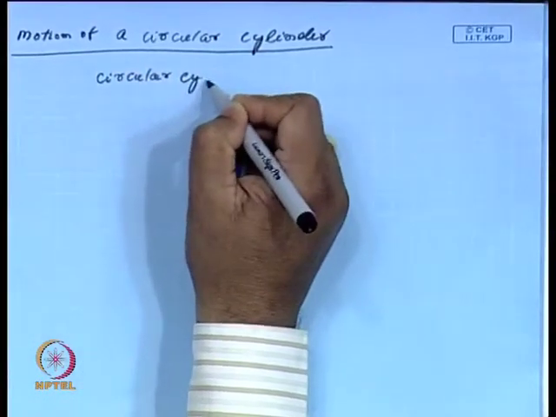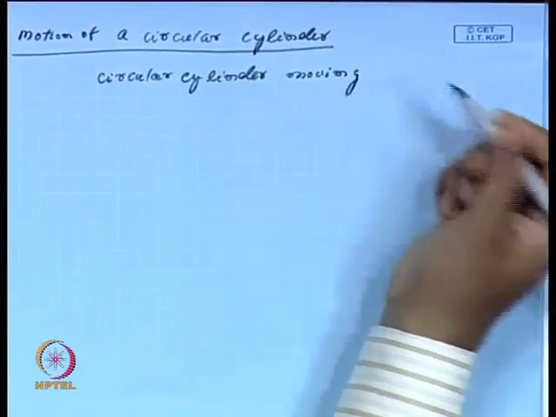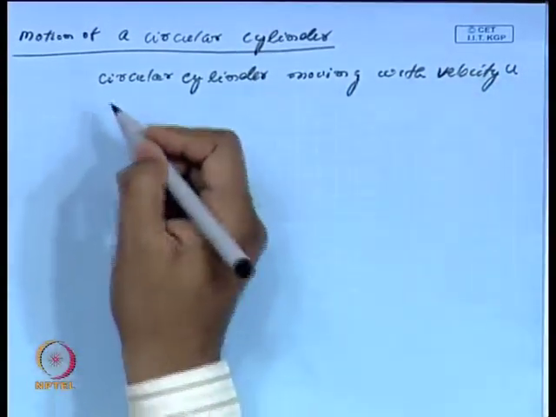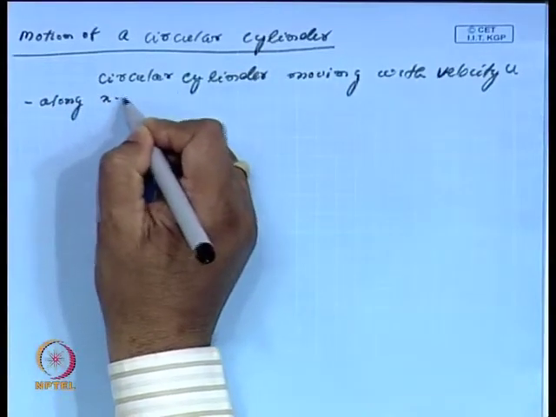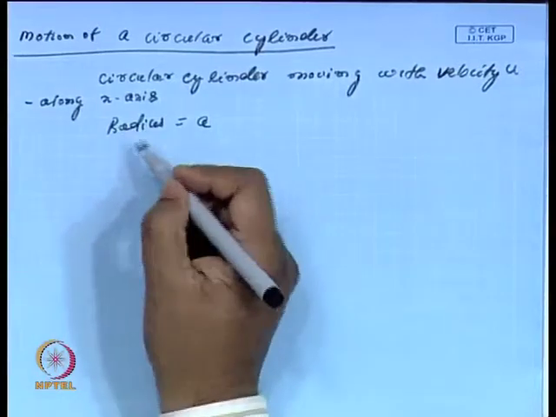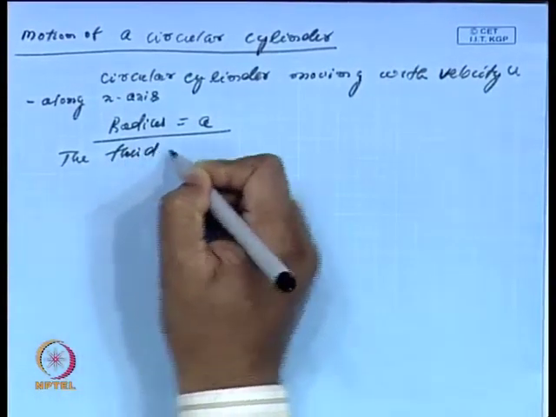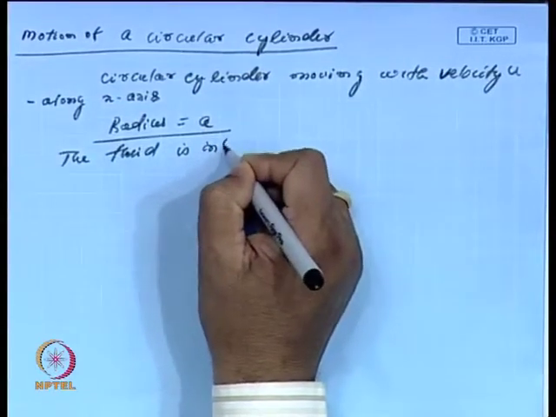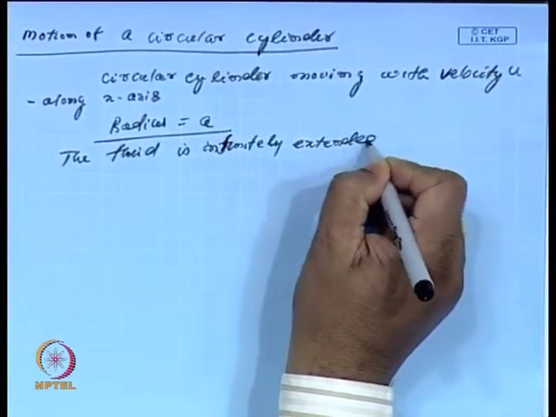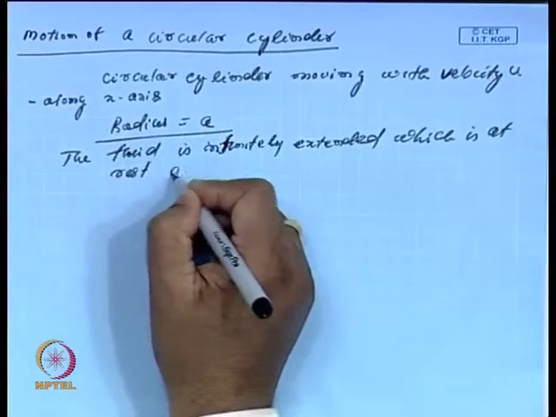I am considering a circular cylinder, it is moving with velocity u, that is along x axis, and radius of the cylinder is a, and the fluid is infinitely extended, and which is at rest at infinity.